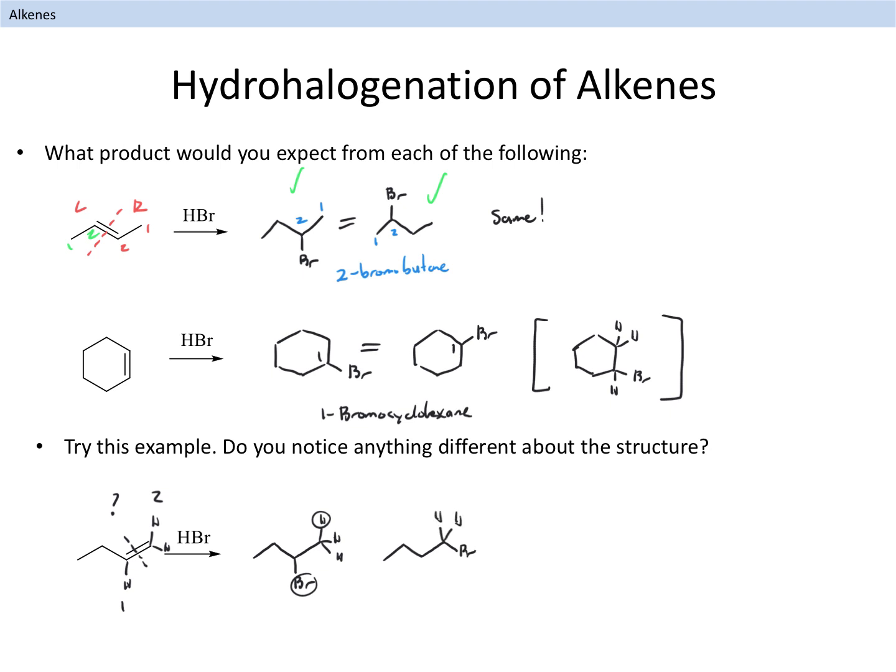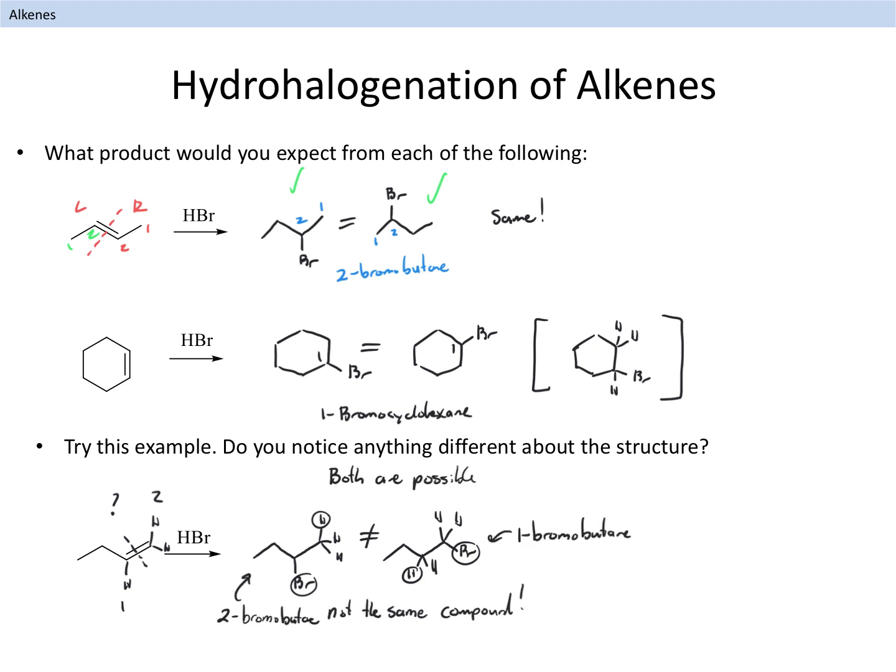If we attach the bromine to carbon atom 1, instead of carbon atom 2, and the hydrogen atom to carbon atom 2, instead of carbon atom 1, we get a different isomer as our product. These 2 products are both possible outcomes of the reaction. Let's go to the next page and look at this in a little more detail.